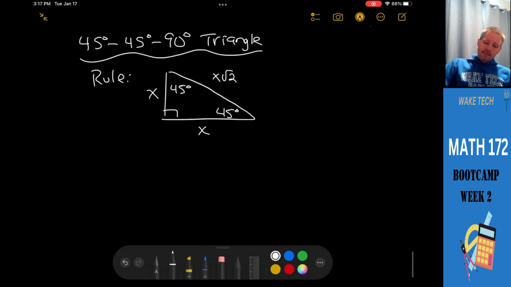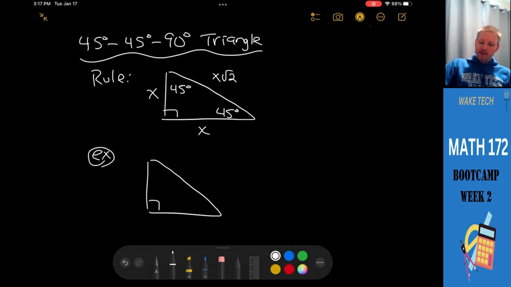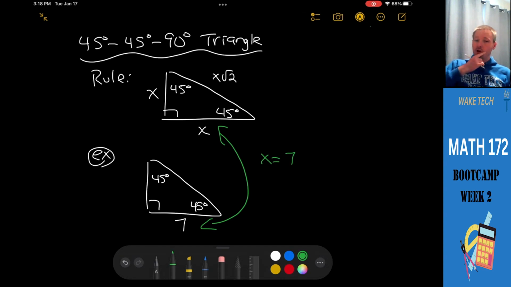So what that means is if we know one of the side lengths, we can find the other two. So let's say across from one of these 45-degree angles, that side length is 7. According to the rule, x is 7. No work to solve that, just pointing it out.